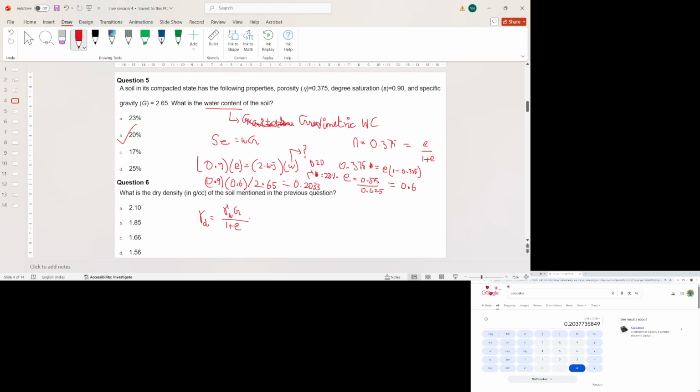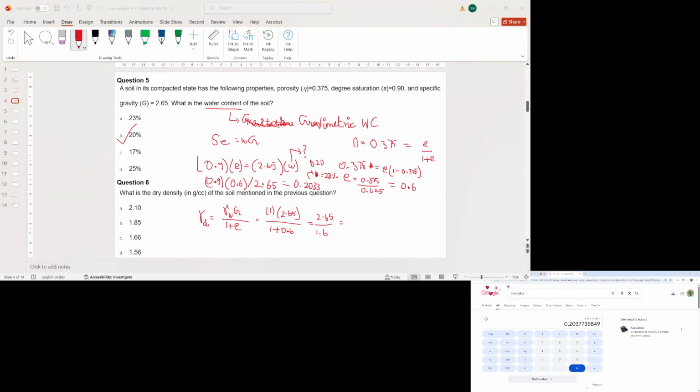Let us take gamma w as 1, so it's gram per cc. So it's 1 gram per cc. So this is Gs, 2.65, divided by 1 plus 0.6, which is going to be 2.65 divided by 1.6.